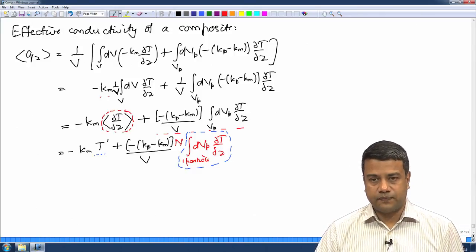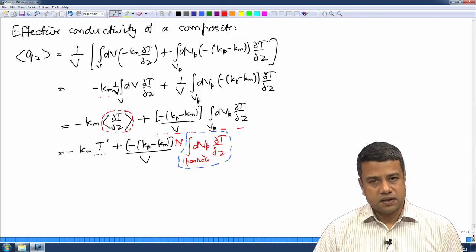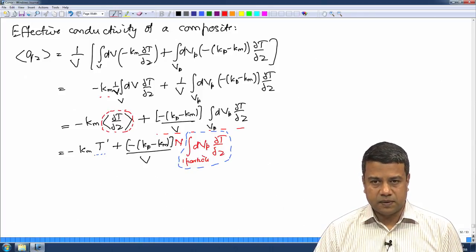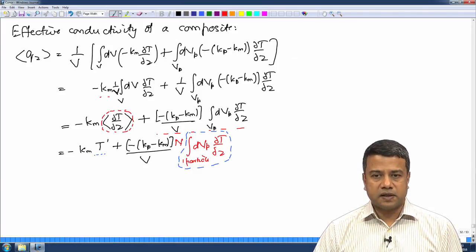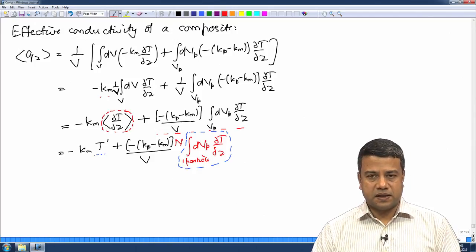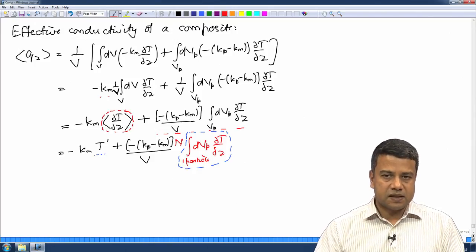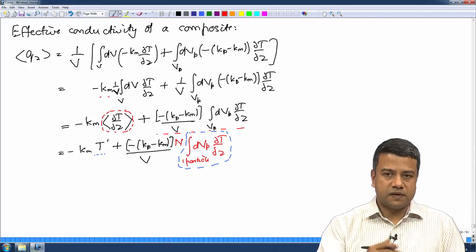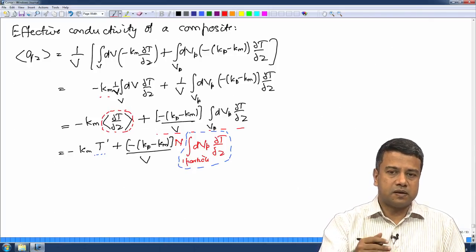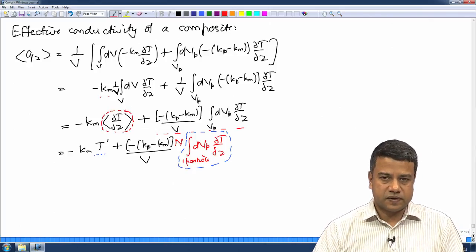within the particle. Since the particles are non-interacting, the temperature field around one particle is not affected by the temperature around another particle. The temperature gradients within each particle will be exactly the same. The baseline temperature at the center will of course be different depending upon whether the particle is located closer to the hot surface or the cold surface.